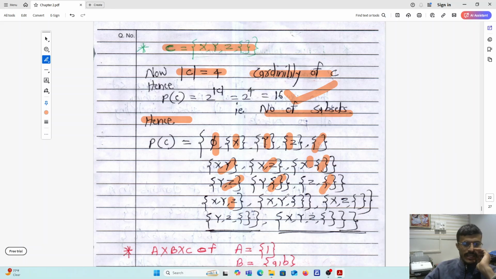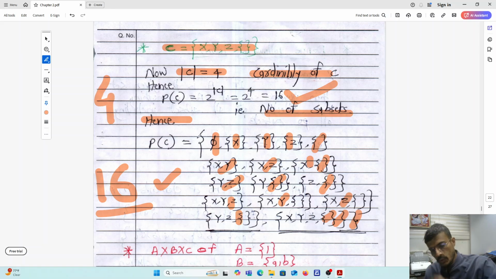Then {x,y,z}, {x,y,phi}, {x,z,phi}. Then {y,z,phi}, {x,y,z,phi}. Bracket complete, opening curly is matching with the closing curly. So a total of 16 subsets are possible whenever cardinality is 4, that is 2 raised to 4.